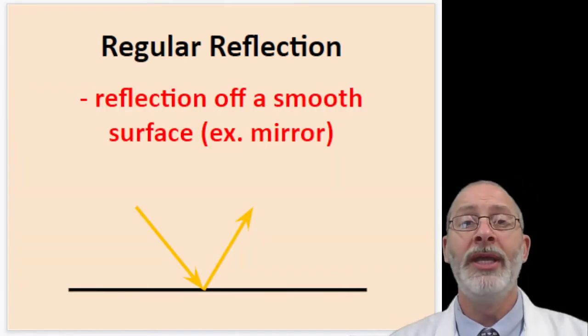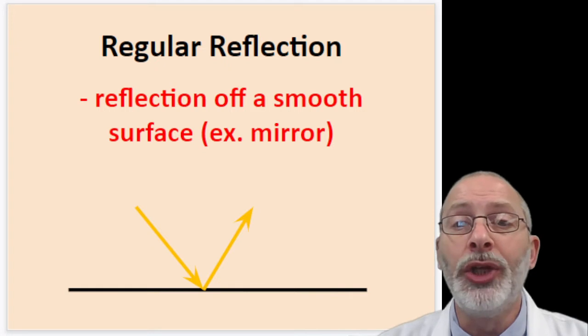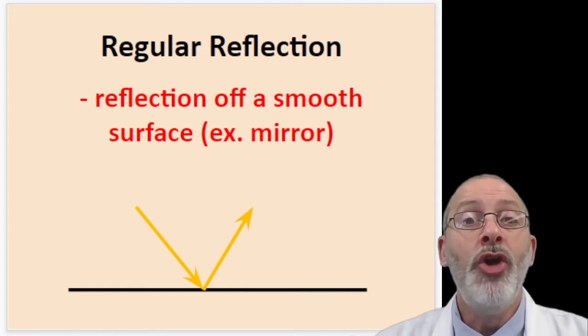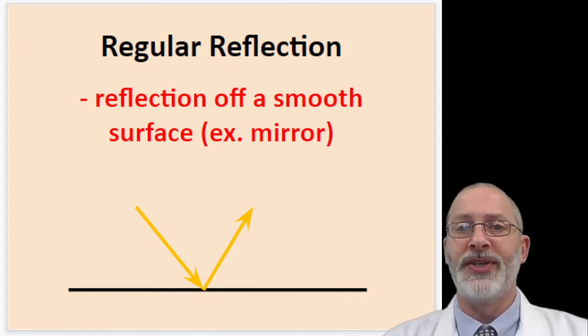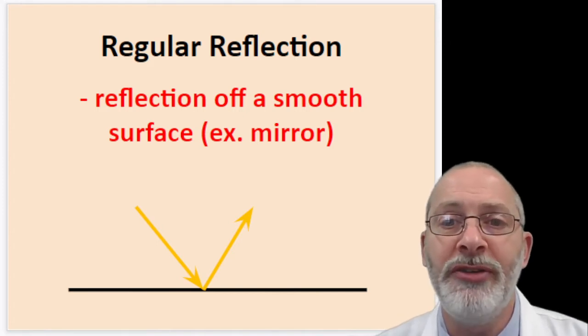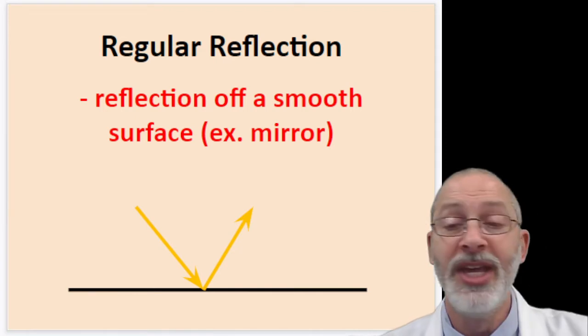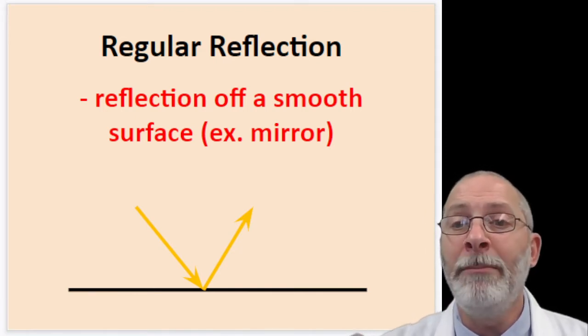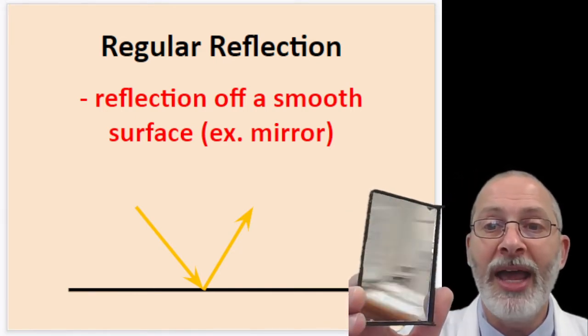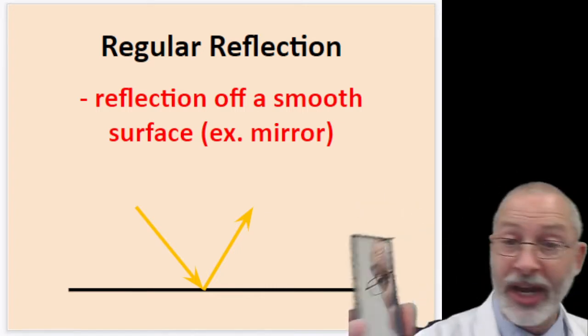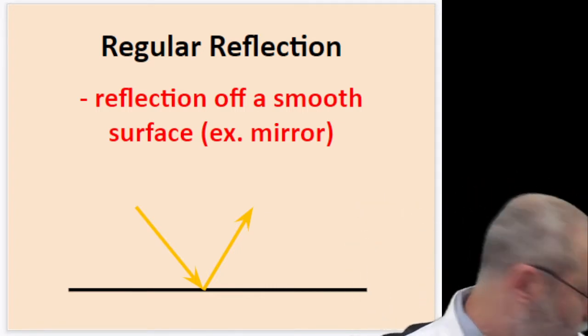The first one is called regular reflection. Regular reflection describes the reflection of light off a smooth surface, such as a mirror. And I have a mirror here, and I just dropped my golf ball.